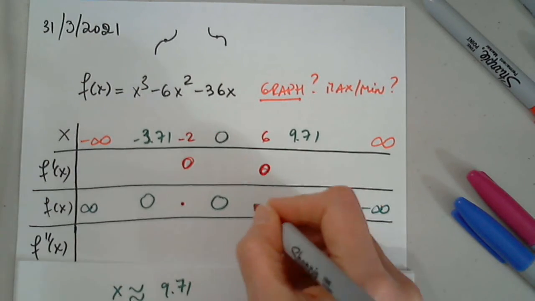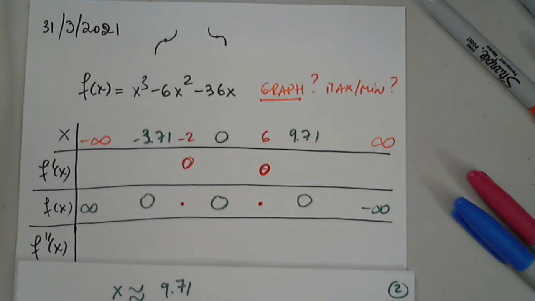Now I need to determine this. So I go to my calculator. I'm going to share my screen again, and I will just put it in the graphing calculator from the beginning. This is my function, which is x to the third, and minus 6x squared, and then minus 36x.